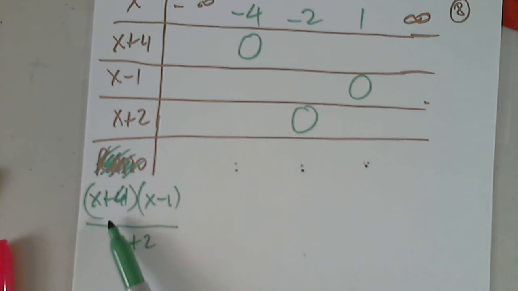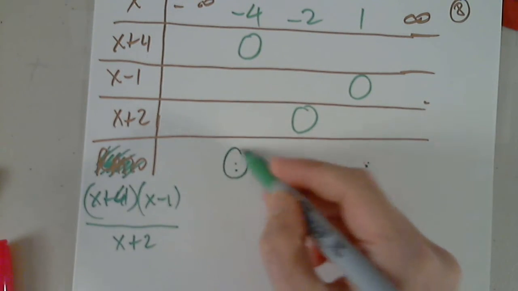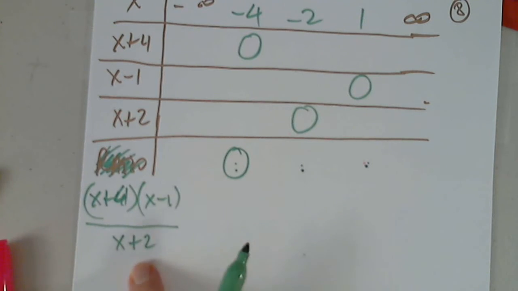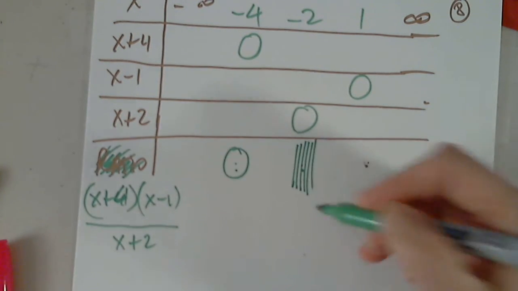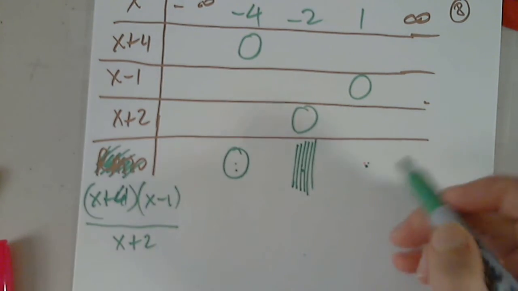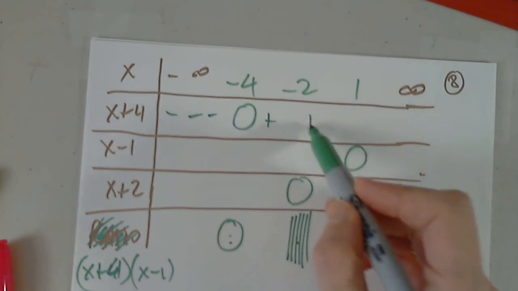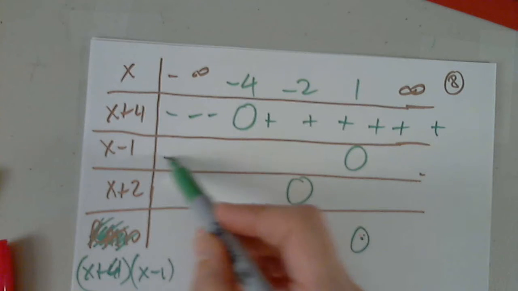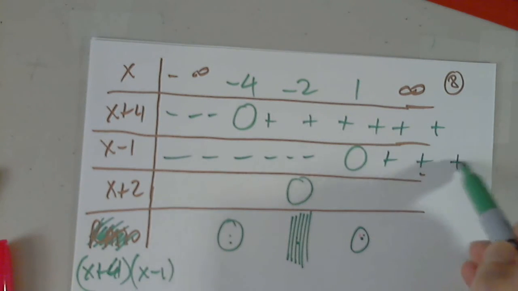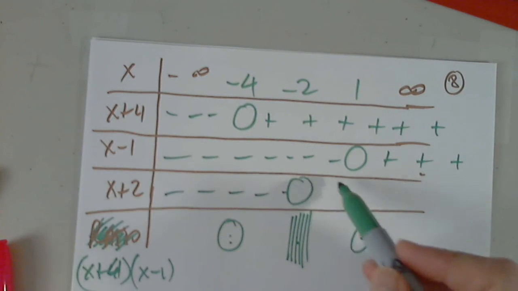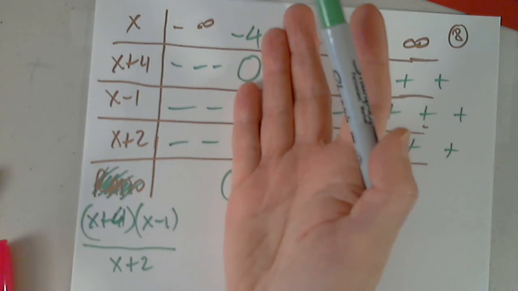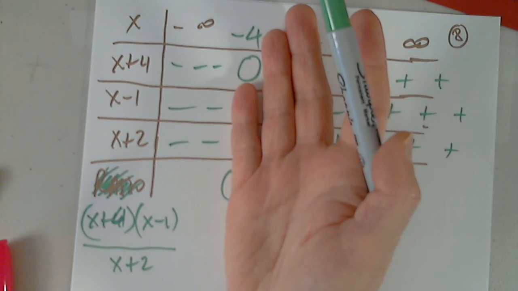So under -4, we put 0. Yes? Under -2, we put undefined. Yes. And under 1, we put 0. That's it. Very easy. Everything is the same. Positive leading coefficient. Three negatives. Negative.